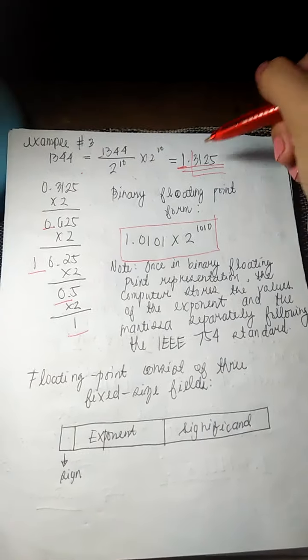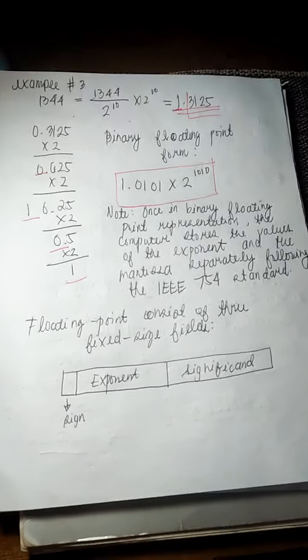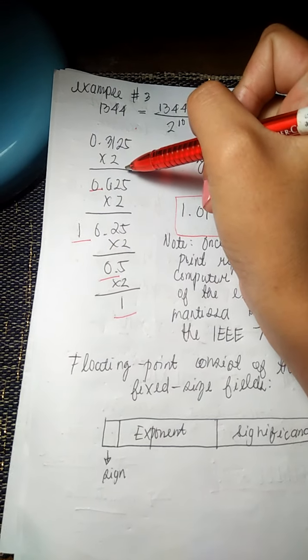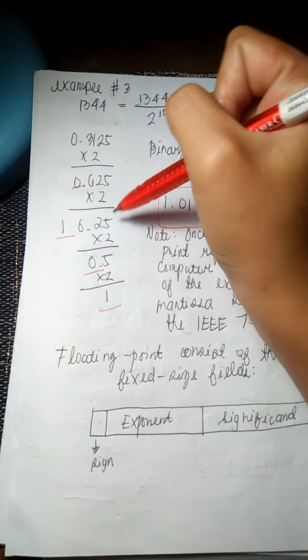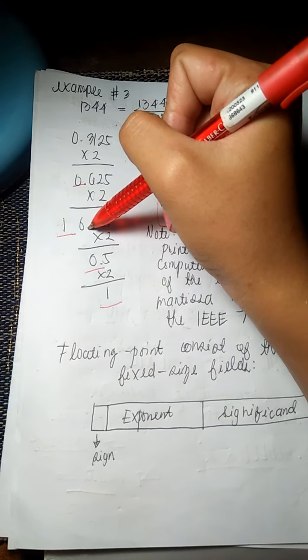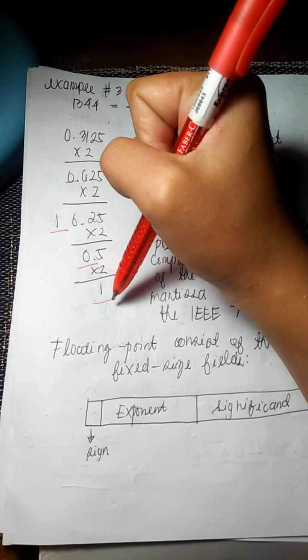And then we still need to convert the mantissa into binary form. So we just multiply by 2. 0.3125 times 2 is equal to 0.625, times 2 is equal to 1.25. So we take the 1. Then 0.25 times 2 is equal to 0.5, times 2 is equal to 1.